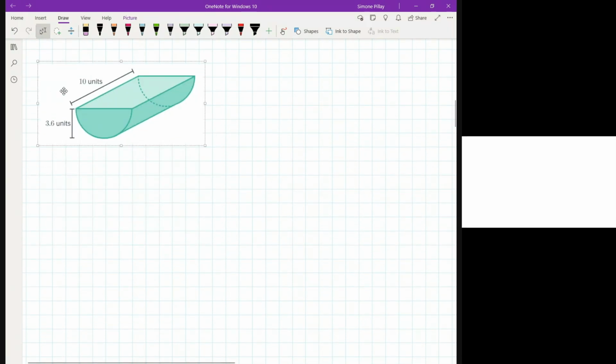So you have to be super careful when you're doing these surface area questions. If they said that this cylinder was closed on the top, then what you would do is think about what you normally do for surface area. You would calculate the area of your semicircle, the area of this rectangle that's making the curved part, but there would also be a rectangle closing the top of this. I don't know if you guys have seen those half barrel braais.